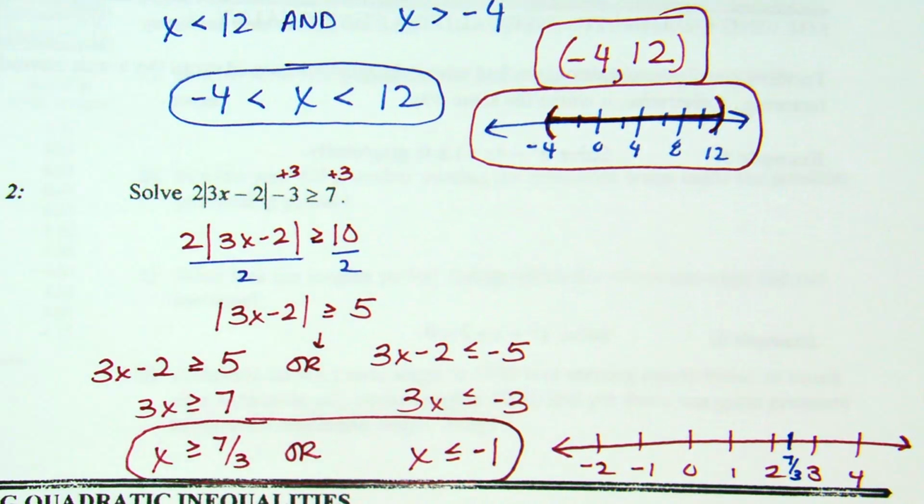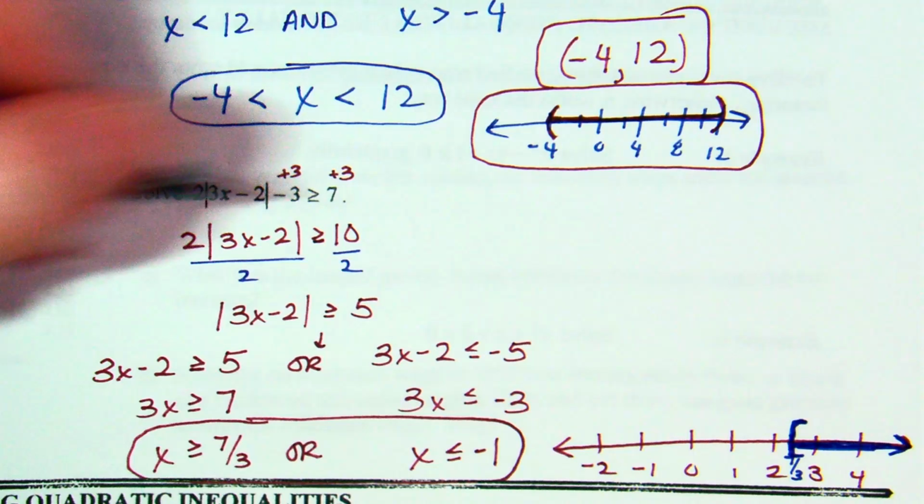Greater than or equal to 7/3? We're going to use a bracket because it's equal to, facing out because we are shading to the right, where it is greater than or equal to.